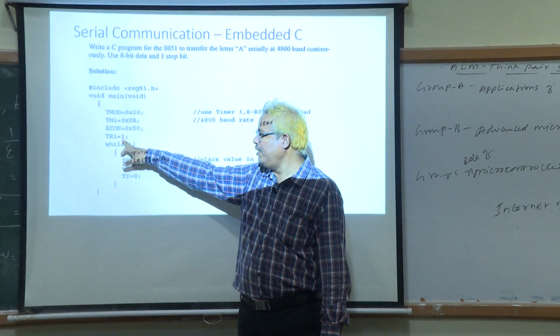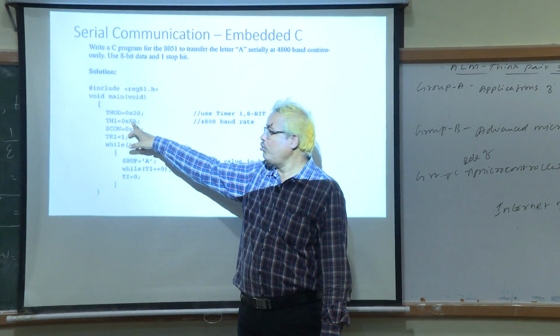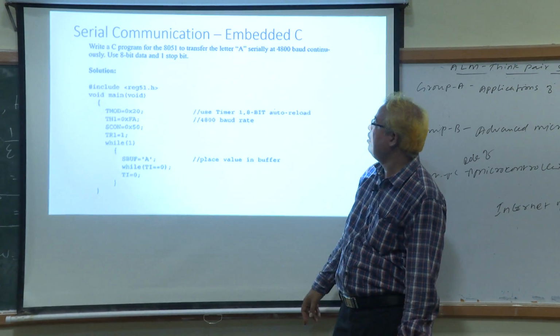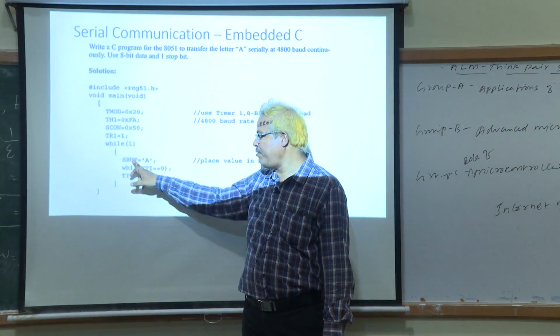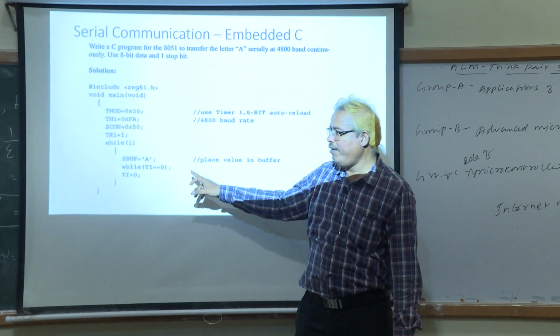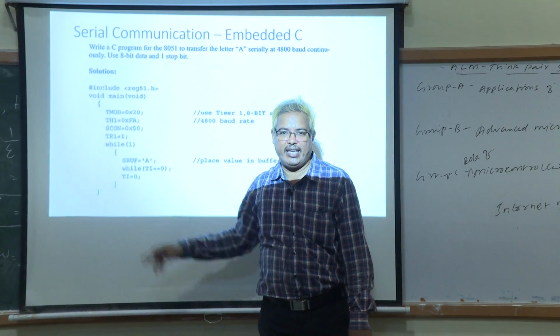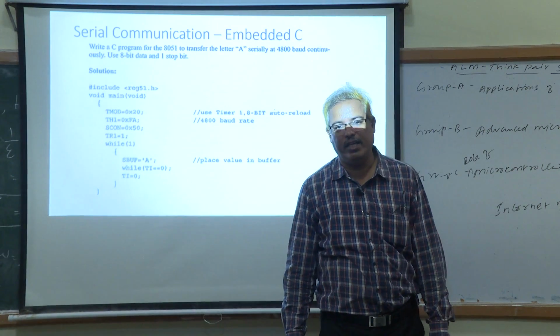Then the timer is started with 4800 baud rate. So timer started, while 1. Then SBUF is a register where we place the character to be transmitted using serial communication.